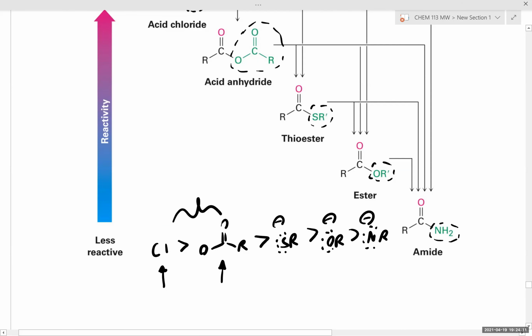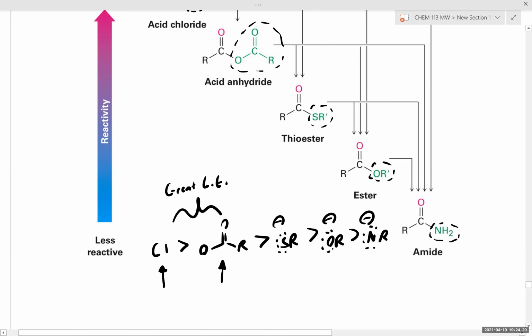Are these leaving groups good or bad leaving groups in general? Great leaving groups. We see consensus among that.